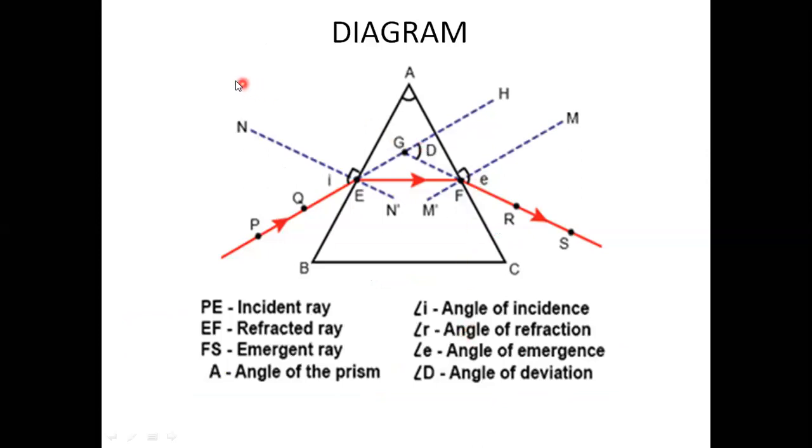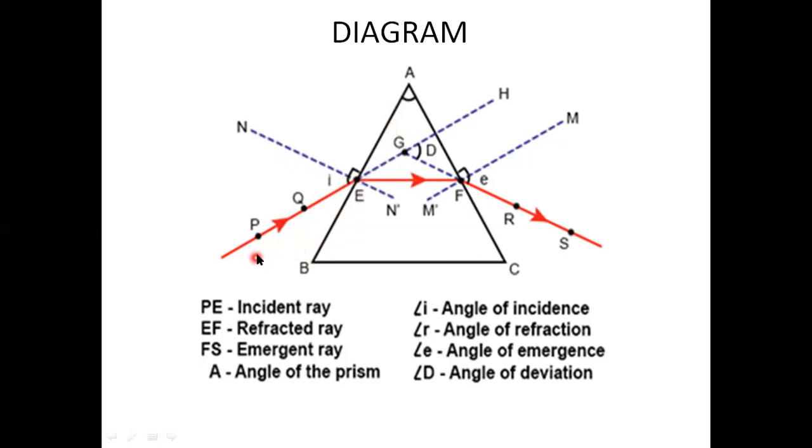Yes. So this is the ray diagram. Here also you can pause the video and draw the ray diagram. I'll help you understand what is happening here. At the beginning, what we have seen for the glass slab is quite the same. This is my incident ray. Here I have represented the incident ray as PE. Now this NN dash is the normal for the face AB.